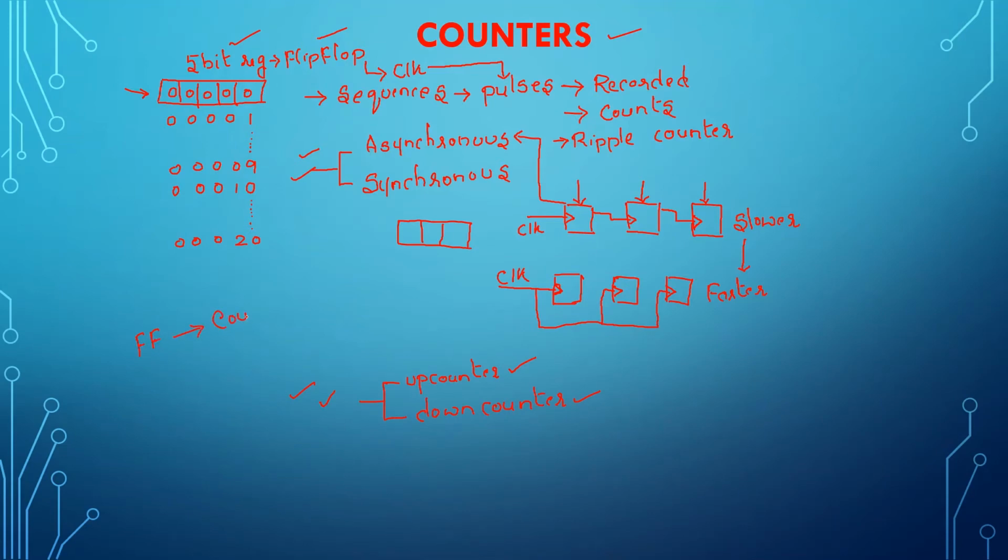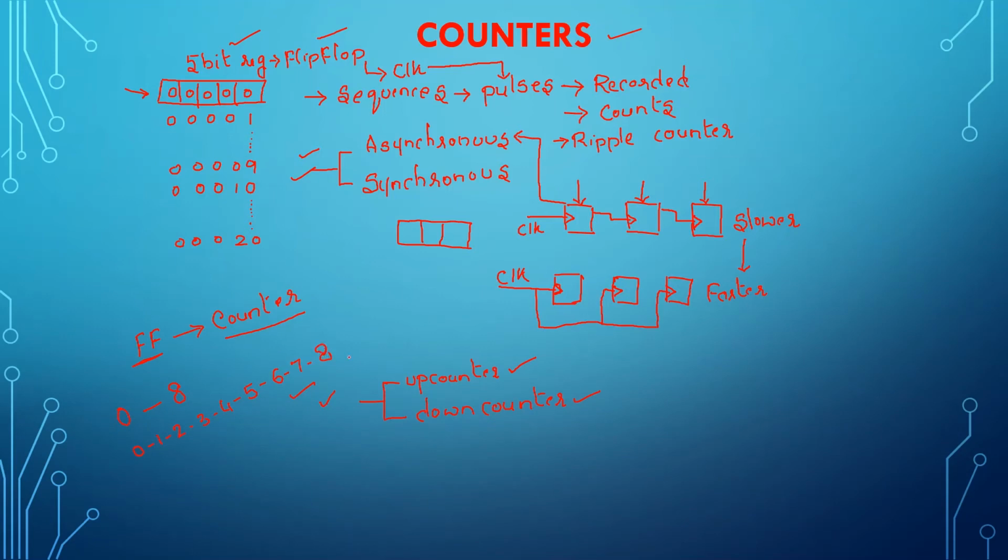Now the question that obviously arises in your mind is, sir, how do I select the number of flip-flops to design a counter? For example, let us say you need a counter which will be counting till 8. I want a counter which will be counting from 0 to 8. So the count should go 0, 1, 2, 3, 4, 5, 6, 7, 8.